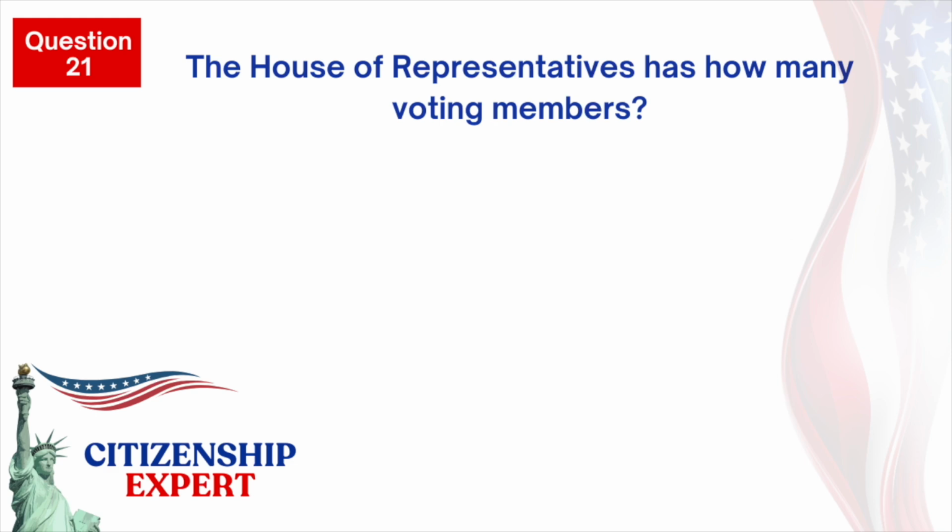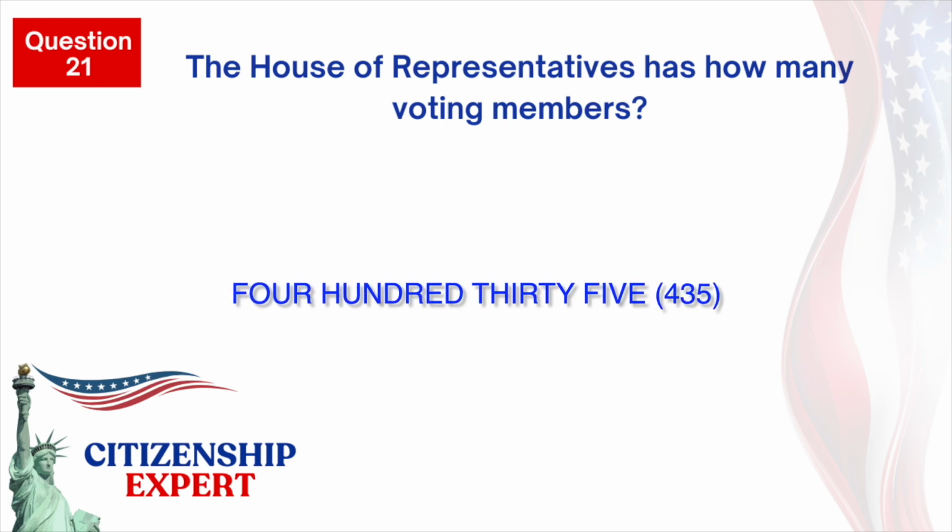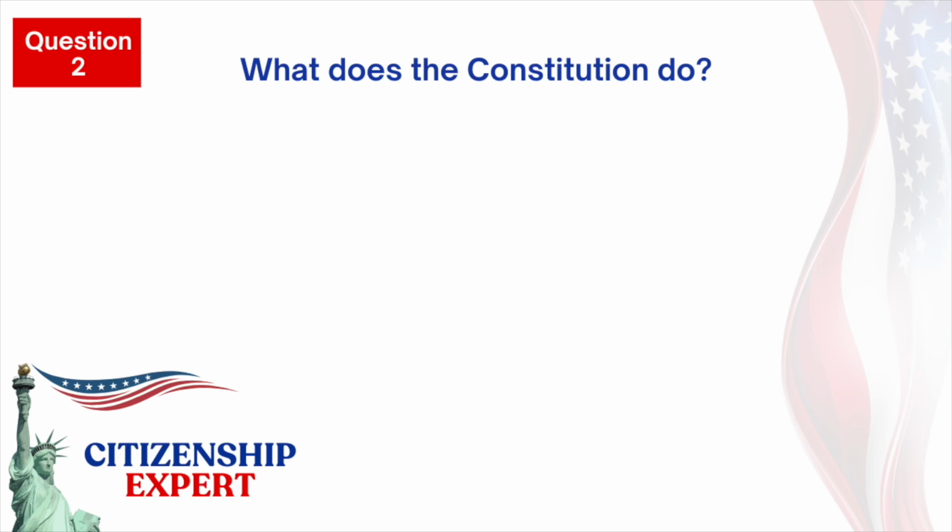The House of Representatives has how many voting members? 435. What does the Constitution do? Sets up the government.